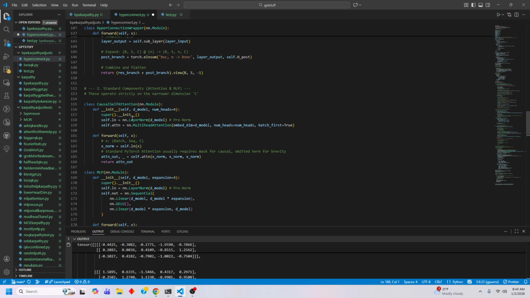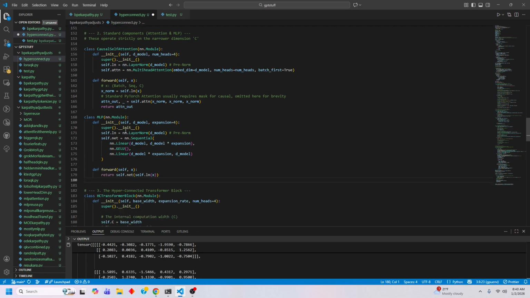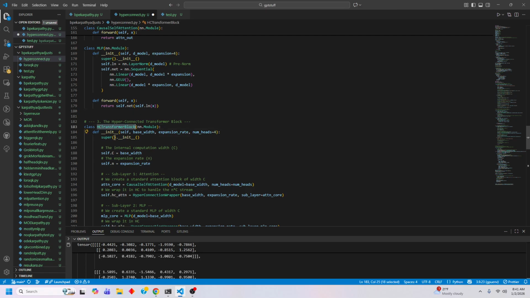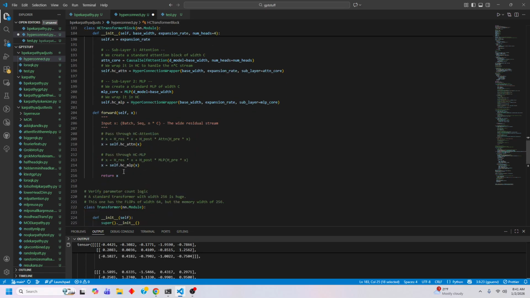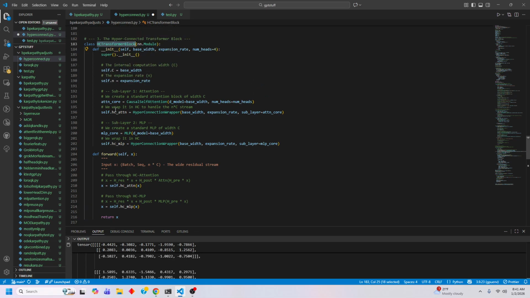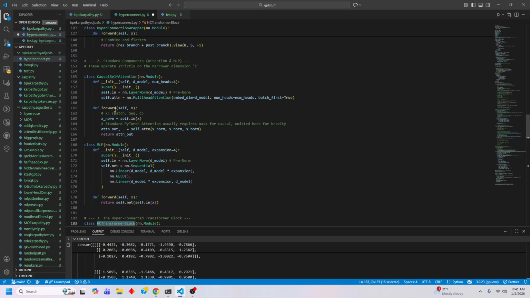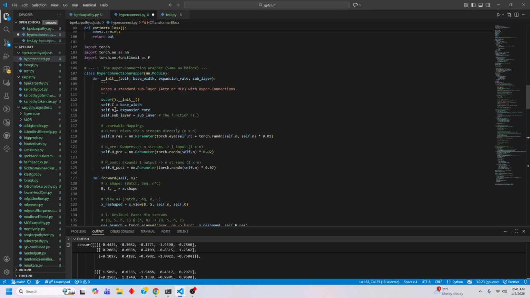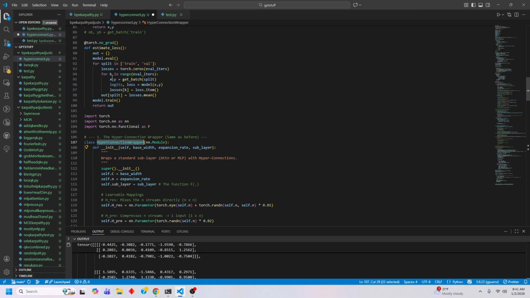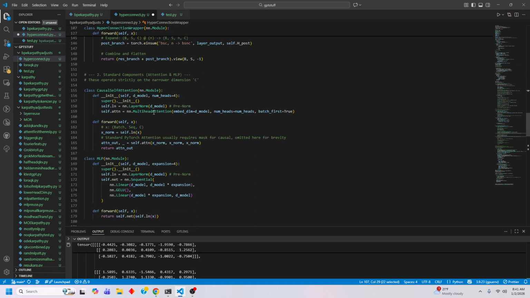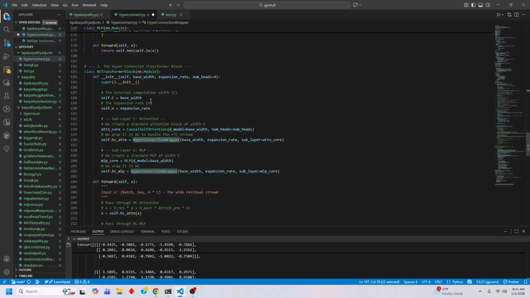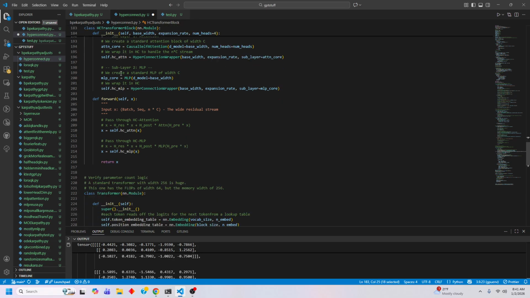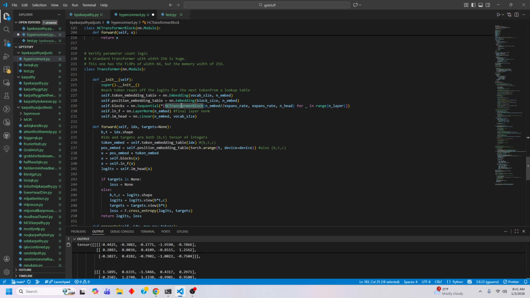And replaced it with this transformer block at the bottom, all the way up to the hyperconnection wrapper, which we'll go through. Okay, so let's start with the transformer block. That is used to replace this block. So yeah, we'll start here actually.